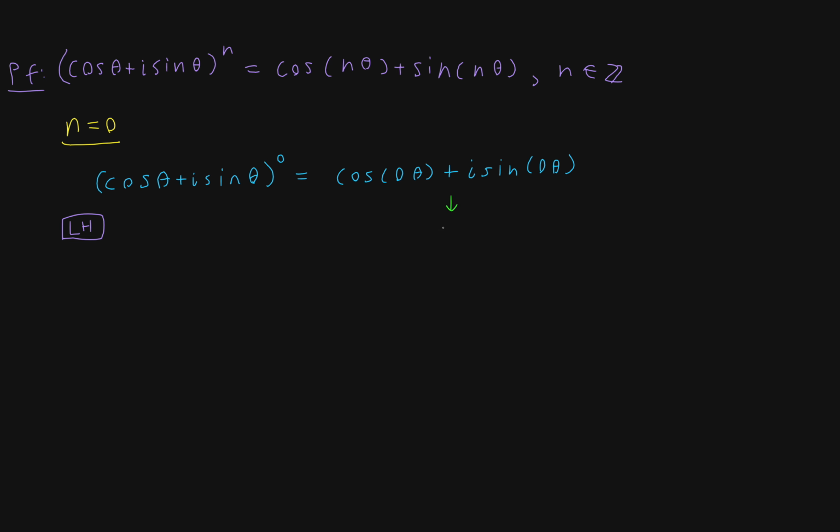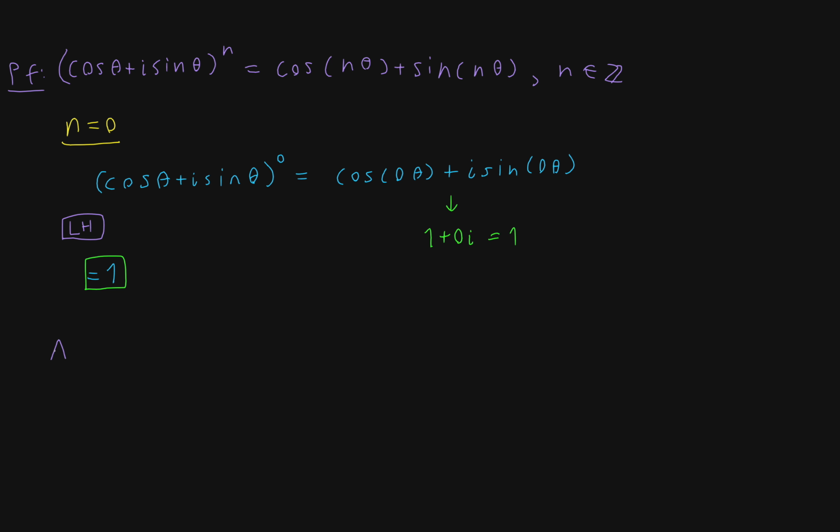We already know that this is going to evaluate to 1 plus 0i, which is just equal to 1. And for the left hand side, we know that all numbers to the power of 0 should be equal to 1. So this side is just going to be equal to 1. And so the left side equals the right side. We're good with this case.